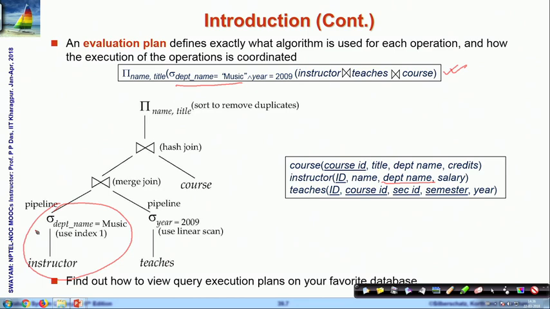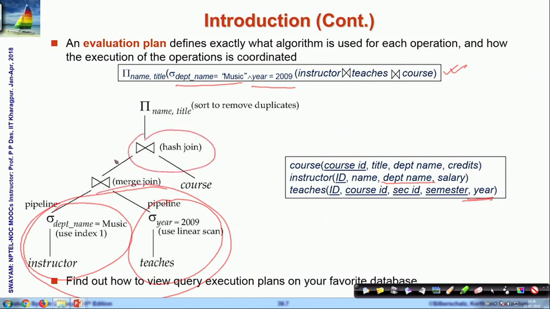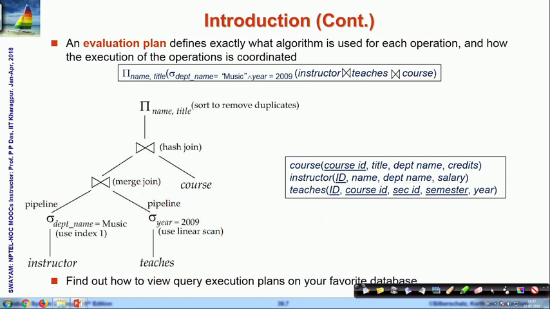At the same time, the other select condition, year is 2009, applies only to the teachers relation. So, instead of filtering after the join, I can filter the teachers relation with year being 2009, then use these two in the join, finally join that with the course, and do the projection.